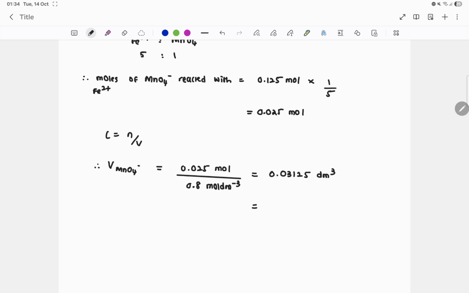In cm3, multiplying by 1000, it is 31.25 cm3. So this will be the answer.